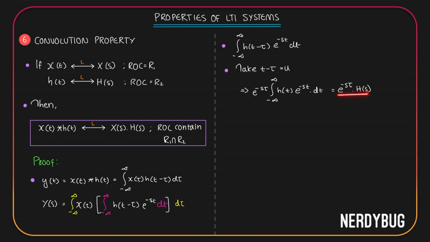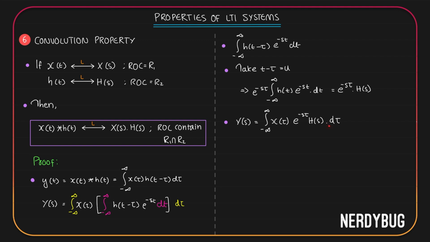Let us substitute this over here in this equation. So we get Y of s is equal to the integral from minus infinity to infinity of x of tau, and the inner integral becomes e raised to minus s tau H of s, d tau.